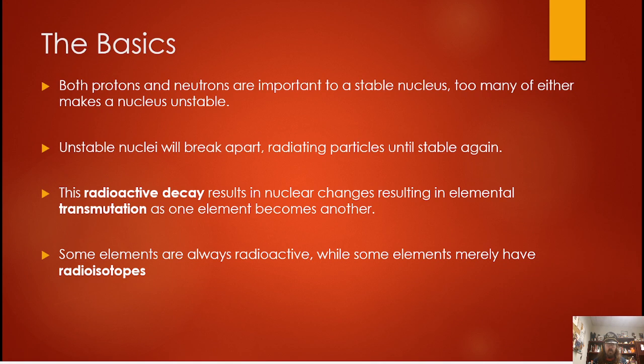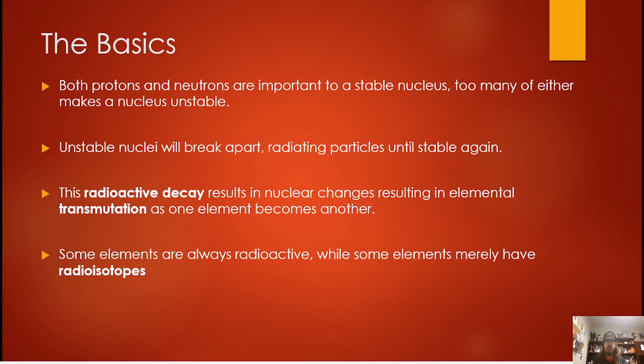But some elements have no stable isotopes, and these are always radioactive no matter what, while other elements simply have bad combinations of protons and neutrons that make them unstable, and these are radioisotopes, radioactive isotopes.